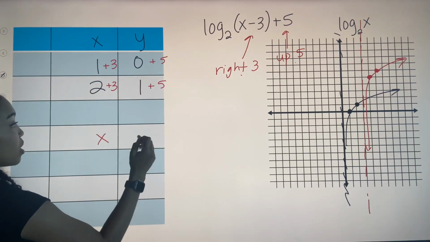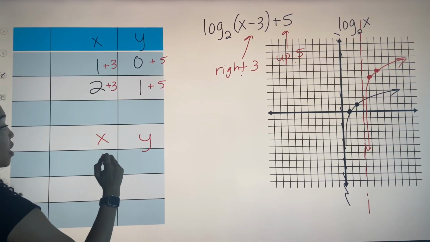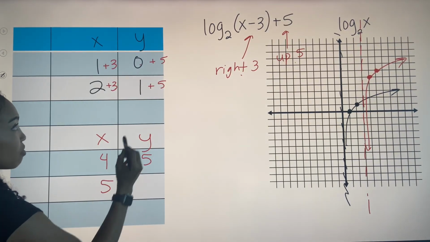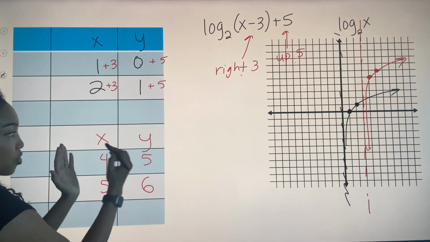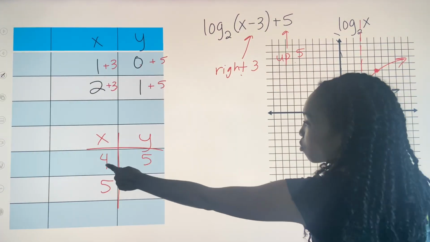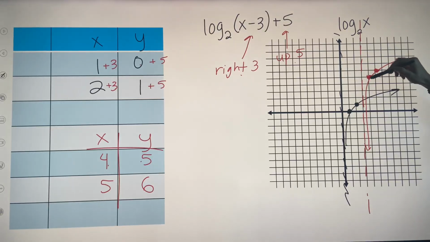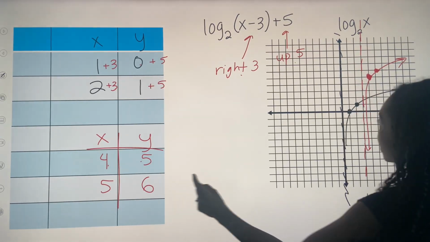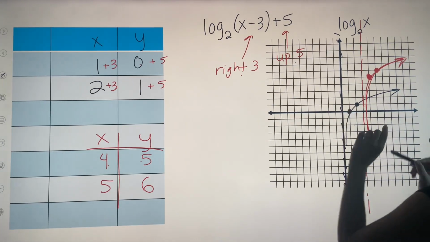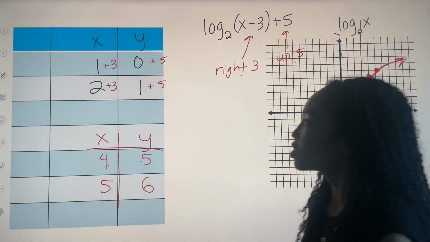So here's your new table. 1 plus 3, that's 4. 0 plus 5 is 5. 2 plus 3, 5. 1 plus 5, 6. These are the new points in your table. Just put them on the graph. 4, 5 is right here. 5, 6 is right here. So guys, you can either use your table or you can just move your points. Let's do another example.